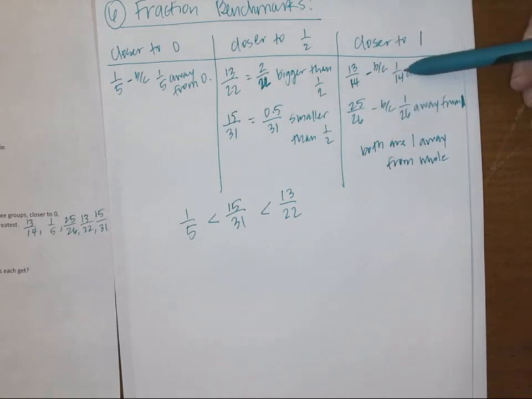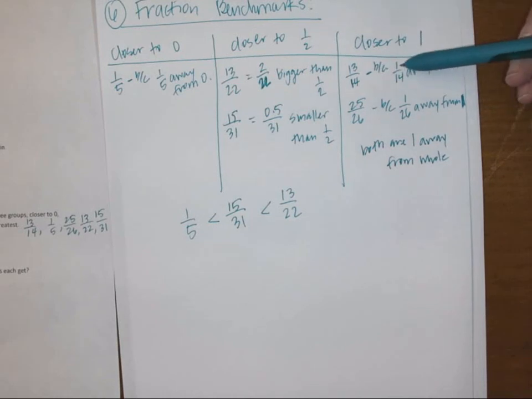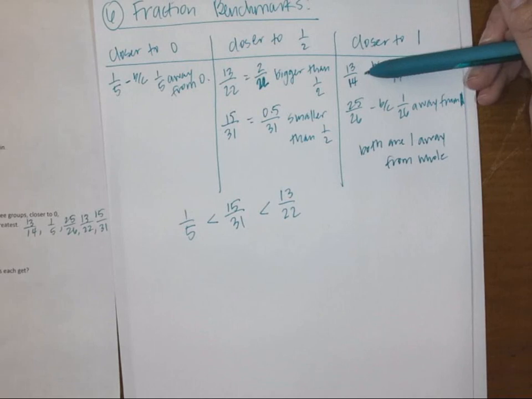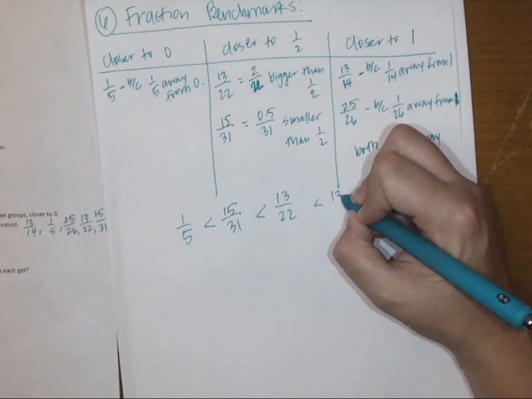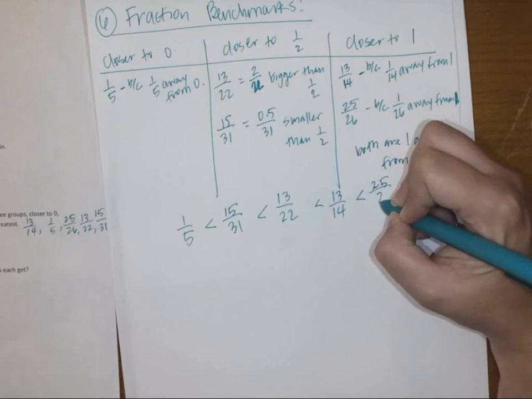So this 1/14 away from the whole is actually a bigger piece than this right here. Since this is a bigger piece that's not shaded in, because that's what's not shaded in, that much away from a whole, right? This is actually going to be the smaller fraction. 13/14 is the smaller fraction. Okay, so 13/14 is the smaller one than 25 over 26.